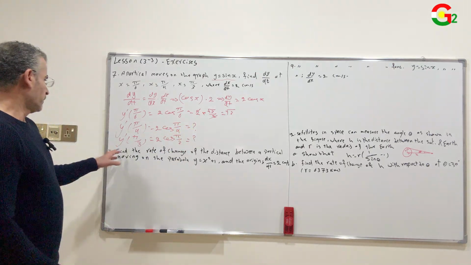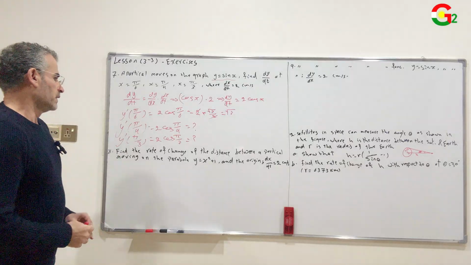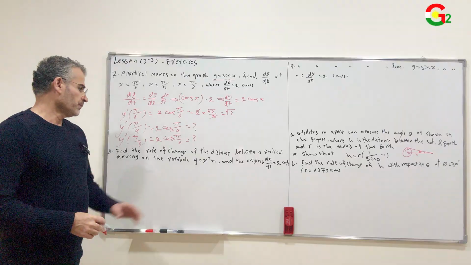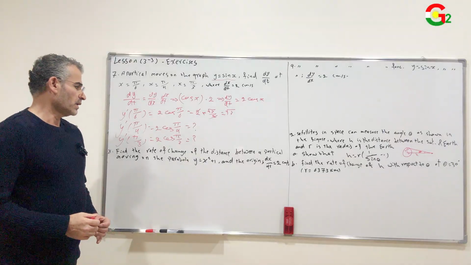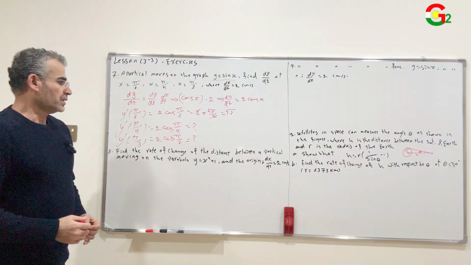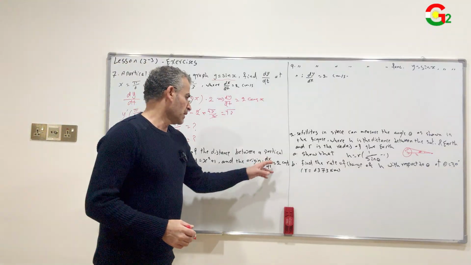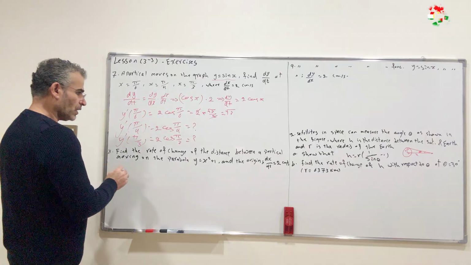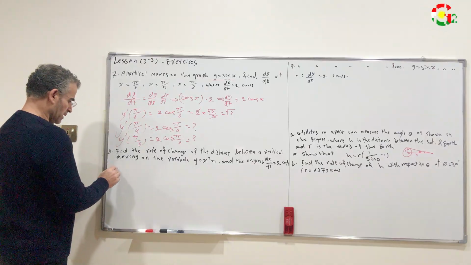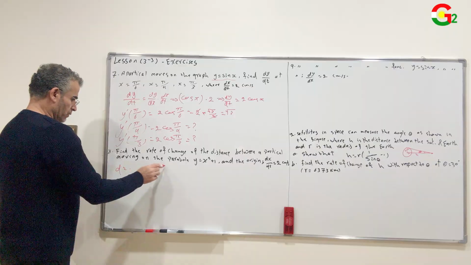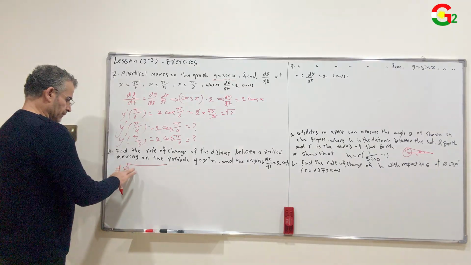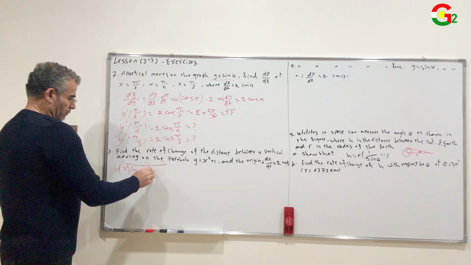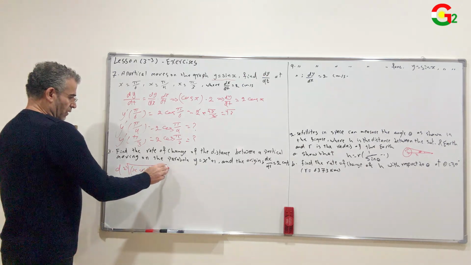Question number 8. Find the rate of change of the distance between a particle moving on the parabola y equals x squared plus 1 and the origin, given that dx over dt equals 2 centimeters per second. The formula of distance between 2 points is d equals square root of (x minus x1) squared plus (y minus y1) squared.